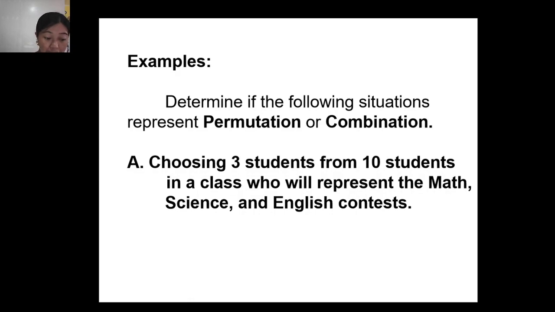Ibig sabihin, arrangement of the contestant is important. So, this situation is permutation. I-arrange mo yung 3 mong napili kung sino sa kanila ang magre-represent ng math, science, and English para sa contest. So, arrangement is important. For letter A, again, this is permutation.